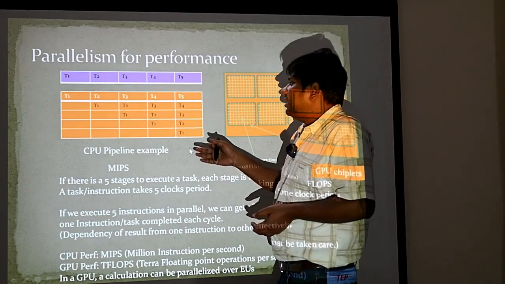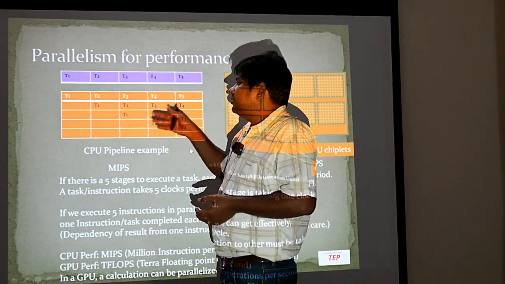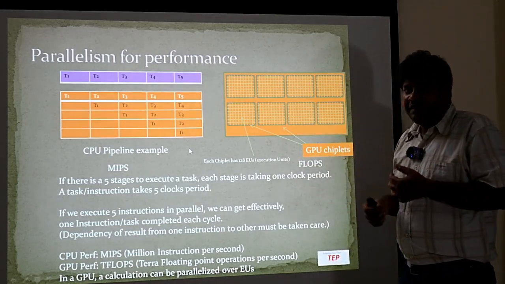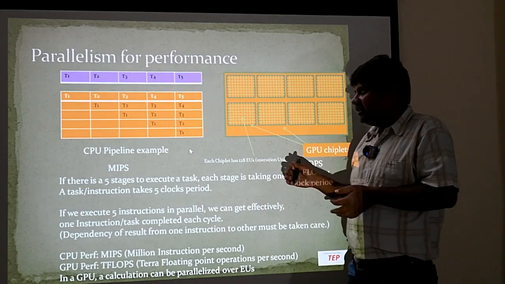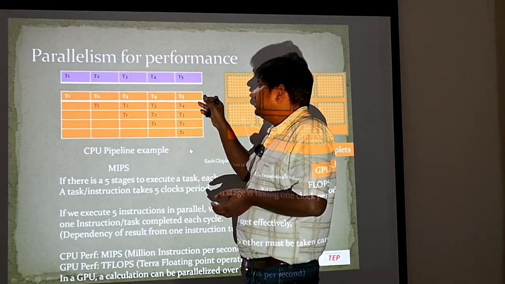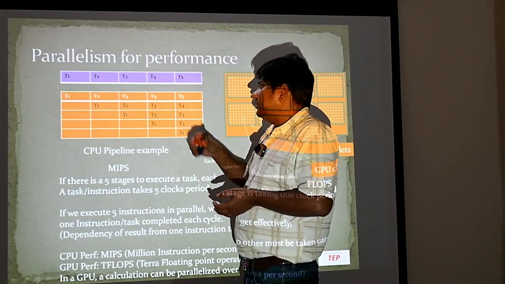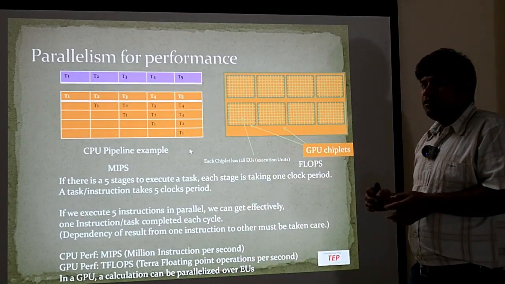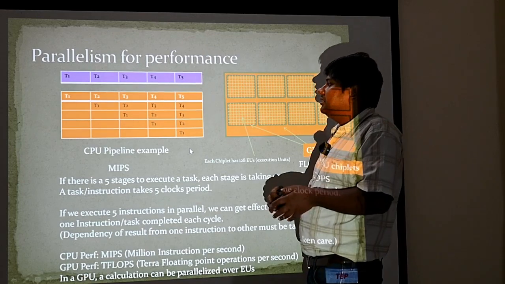We start executing 5 instructions parallelly. There will be issues of interdependence that we will need to take care of, which one is executing first and its data is affecting the next one. Those hazards are a topic that we need to discuss separately.